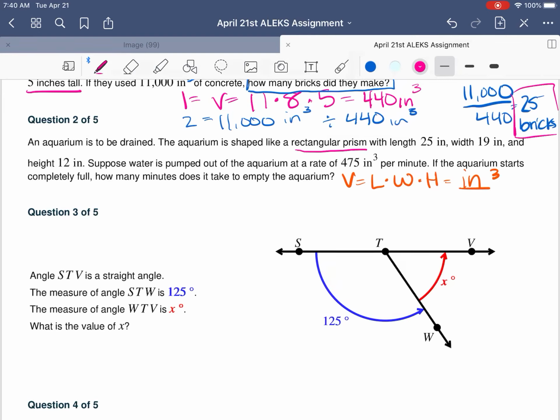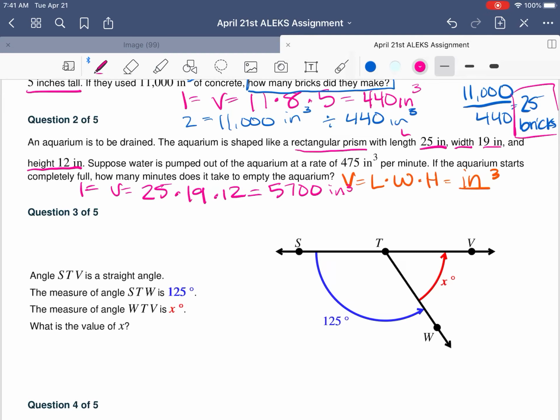The length here is 25, the width is 19, and the height is 12. So I want to multiply those 3 together. Remember, that was my first step. And I get 5,700. And of course I know it's inches cubed.